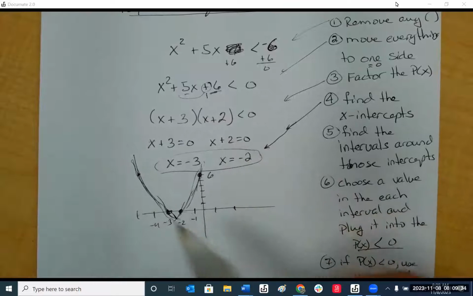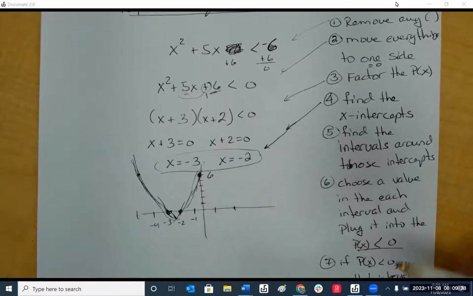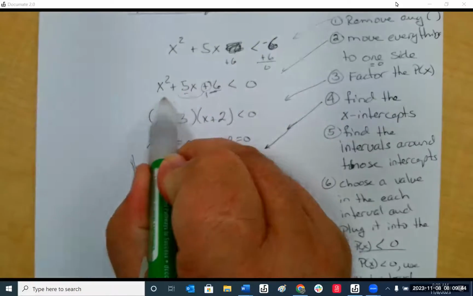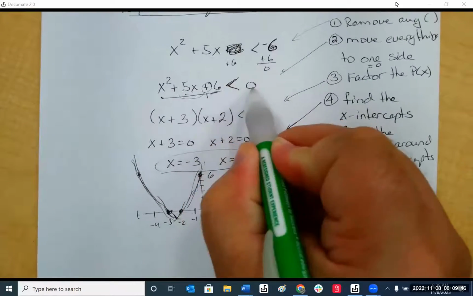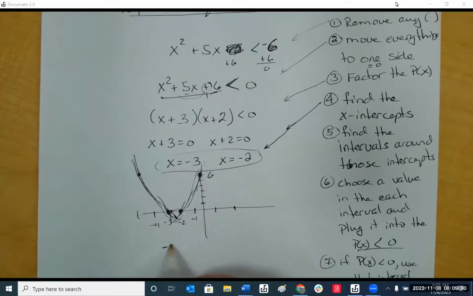Now, if we draw the graph, you can see where the solution is already, because we're looking for an interval of answers. Since we want this equation only where it's less than 0, that's here, between -3 and -2. That's your solution.